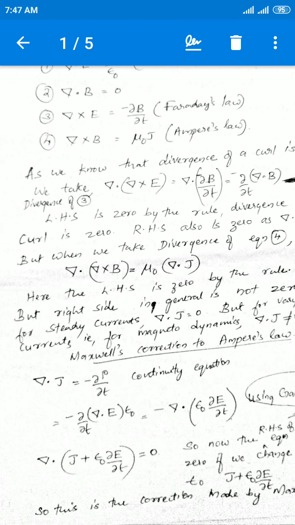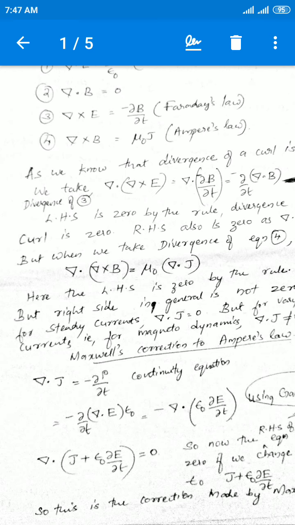Now move this right hand side to the left hand side. Left hand side is del dot J, so del dot J is equal to minus del dot epsilon 0 dou E by dou T. Both terms have del dot, the divergence, so we can add the terms inside the divergence.